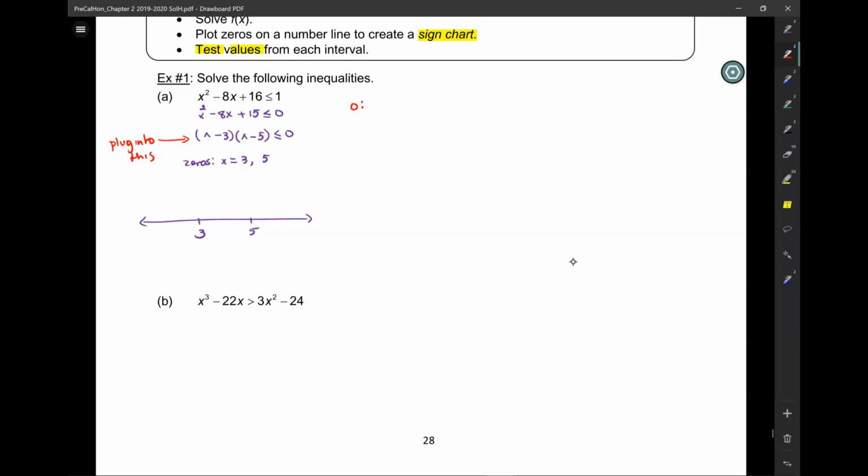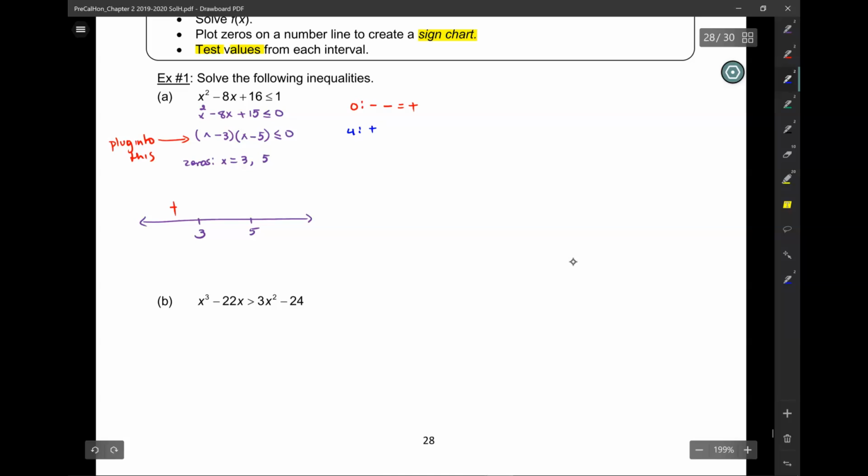So, if I plug 0 into here, in the first parenthesis, I get a negative number, right? 0 minus 3 is negative. In the second parenthesis, I get another negative. That makes positive. From the next interval, I'm going to choose 4. 4 into the first parenthesis is a positive number.